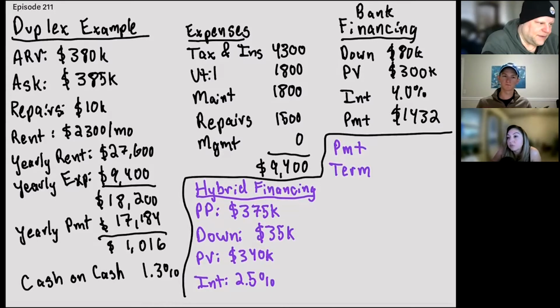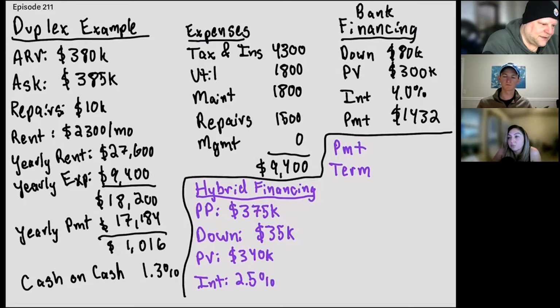It's now part of the yearly net cash flow. This 432 is monthly, so we would have to times it by 12, right? So that's going to be about $5,000. So now all of a sudden cash flow would be around $6,000.